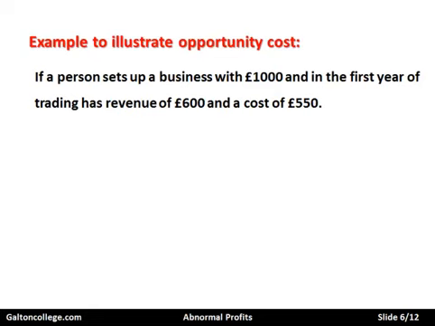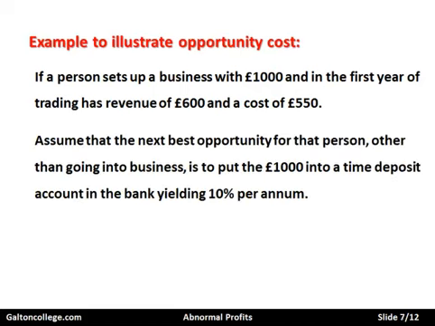So the person sets up a business with £1,000, trades for a year and has a revenue of £600 at the end of the year and a cost of £550. Now assume that the next best alternative for that person, other than going into business, is to put the £1,000 into a time deposit account in the bank, and let's say, for ease of calculation, the person would have got 10% per annum on that account.